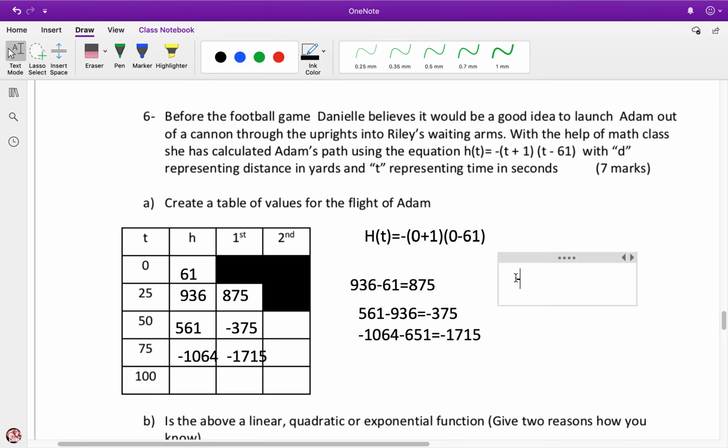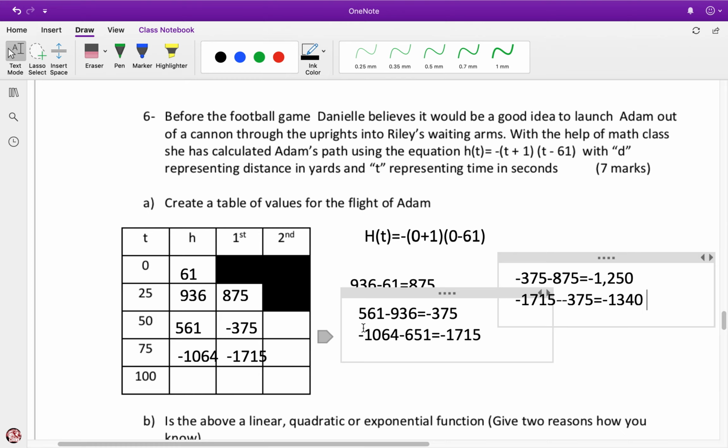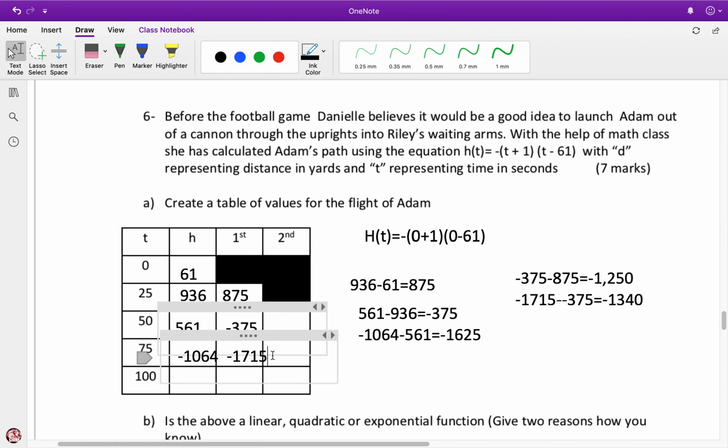Second difference would be negative 375 minus 875, which equals 1250. This is going to be negative 1715 minus negative 375, which equals, oh, something went wrong there. Oh, I missed it by 100 right here. I mixed up those two numbers. 561. So it's negative 1625.